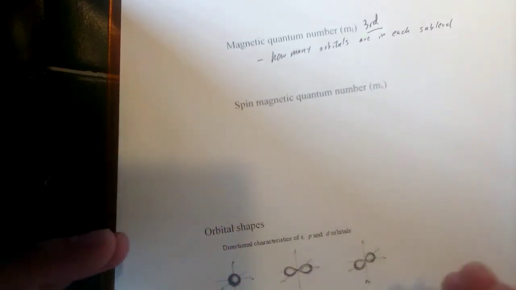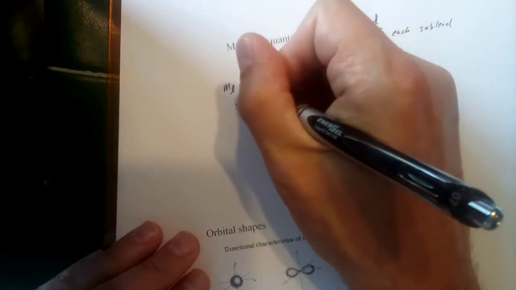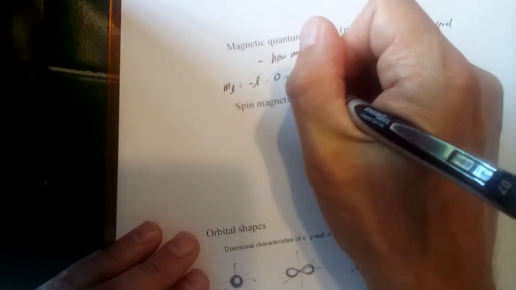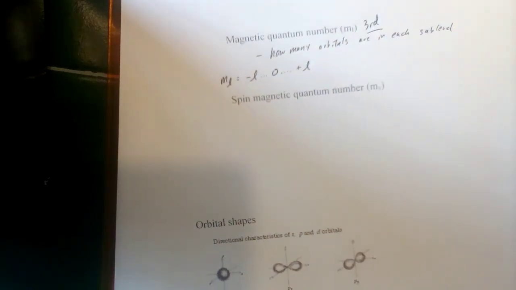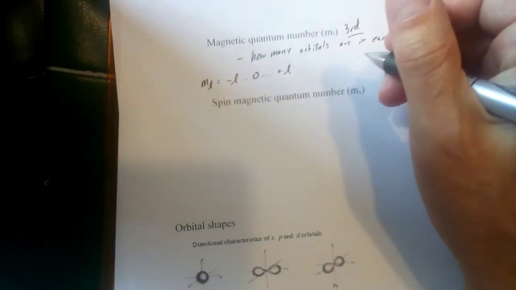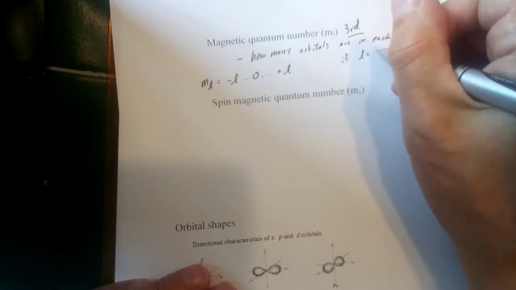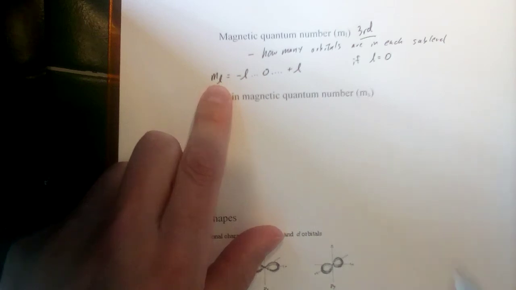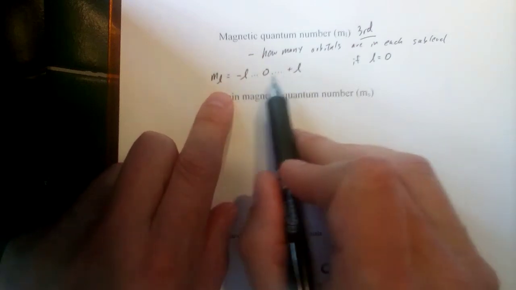We take the value of L, and m sub L will have values starting from negative L, going up through 0, and then all the way up to positive L. Similar to what we did for levels and sublevels, if L is equal to 0, the only possible value of m sub L will be 0, because negative L would be 0, positive L would be 0. The only value, and these would be integer values as well. There's no partial numbers here.